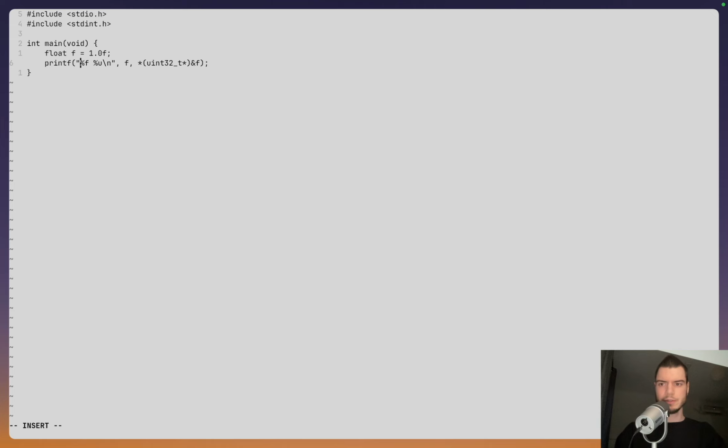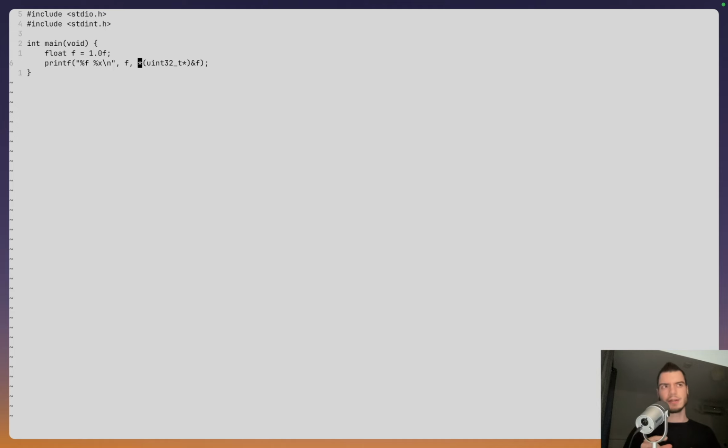Now, the problem with this technique is that it's actually undefined behavior. In C, you aren't allowed to take a pointer to a certain type and just cast that pointer to be a pointer of a different type. There are a couple of exceptions. For example, you are allowed to take every pointer and cast it to a character pointer.